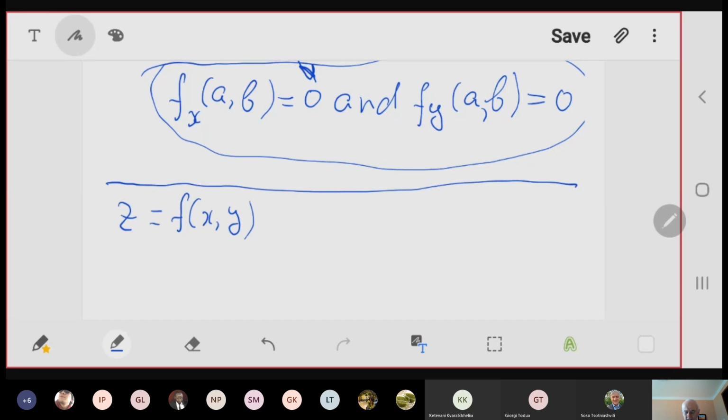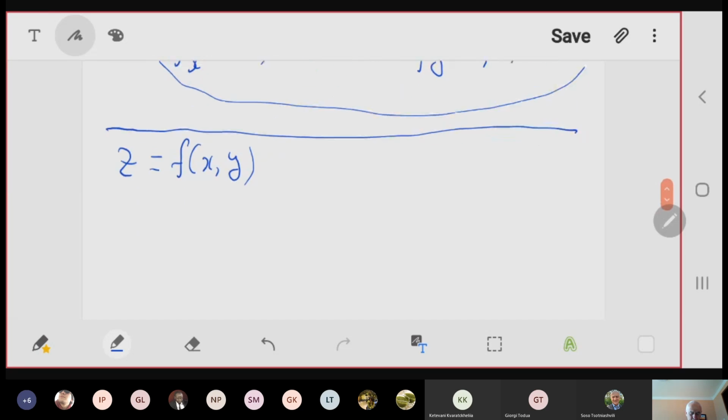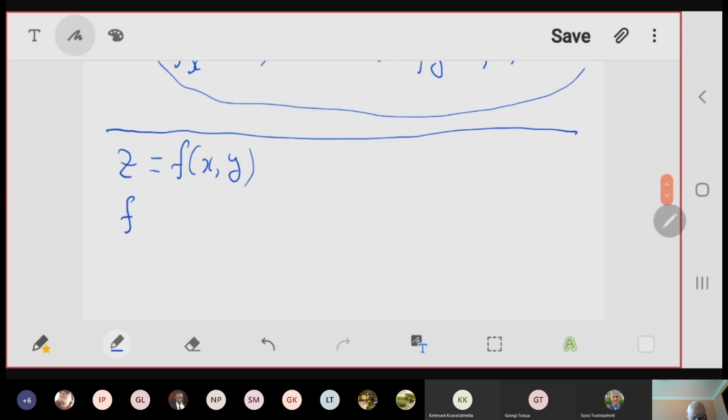The most important thing and most important application of derivatives. How to find maximum, how to find minimum. So first of all, we need to find both partial derivatives.